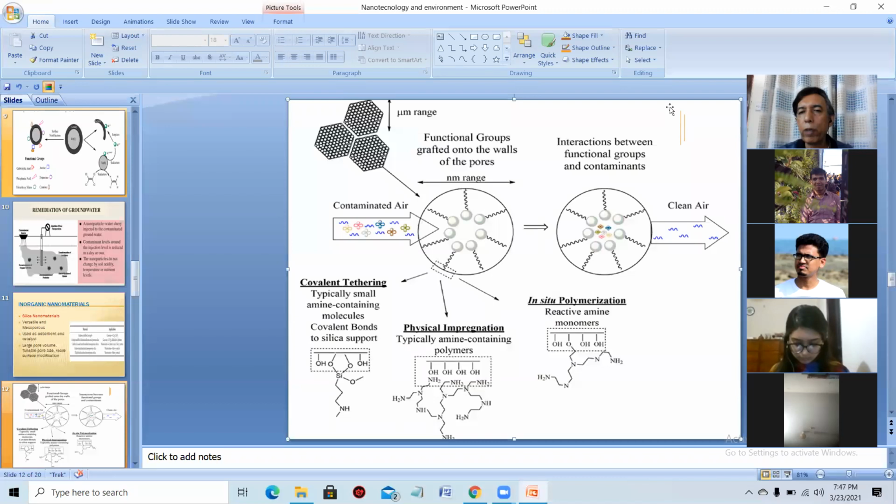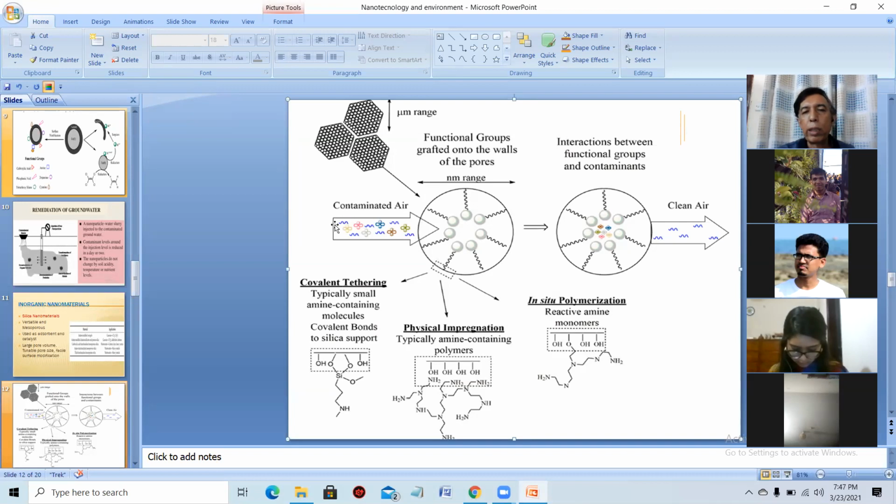You can graft the functional group onto the walls of the pore. Now you see, this is silica, and here you have the functional groups.